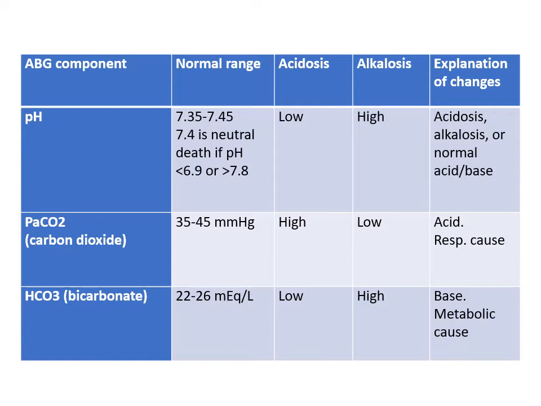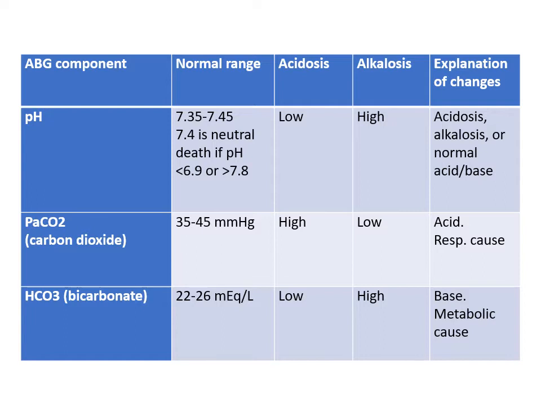A lot of patients will have a cardiac arrest and they'll be severely hyperkalemic. Okay, so acidosis less than 7.35, alkalosis greater than 7.45. And what terms do we use? Well, acidosis, alkalosis, or a normal pH.